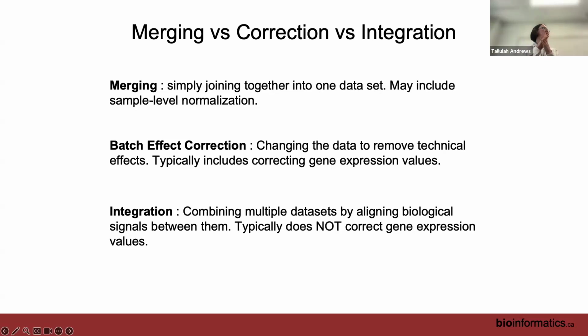You're just changing the lower dimensional space where you're projecting your data into. So you're changing your UMAP, you're changing your PCA, but you're not changing your gene expression values. That's how I would define them. In practice, people use batch effect correction and integration kind of interchangeably in the literature.